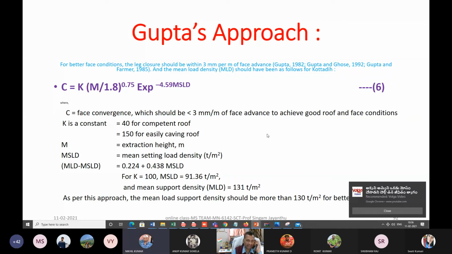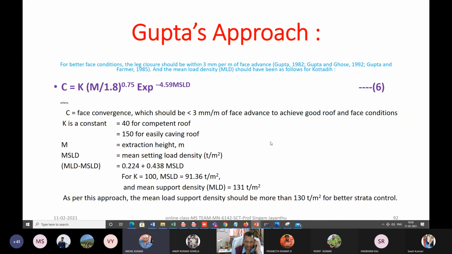So this has got some international collaborations, explained by Professor S.S. Peng and Professor Fairhurst, through CDF France, and from the Indian counterpart, Professor Jayanthu sir and R.N. Gupta.